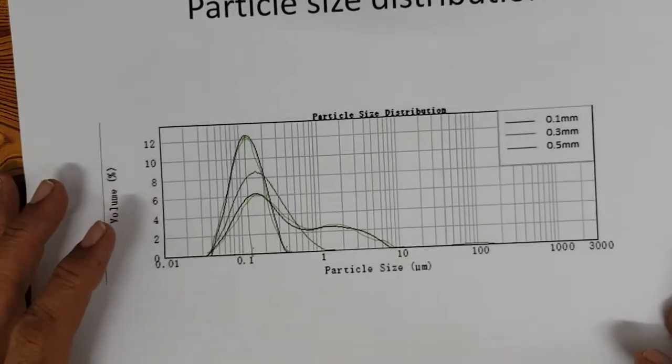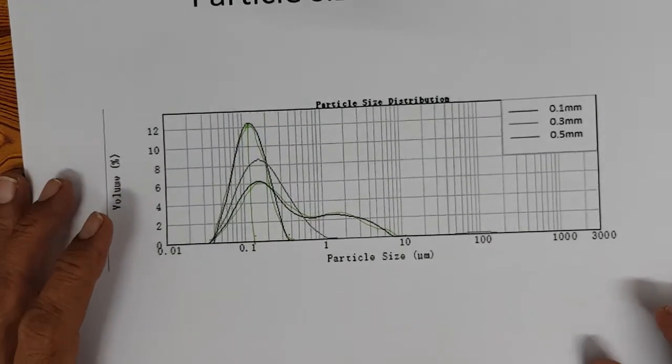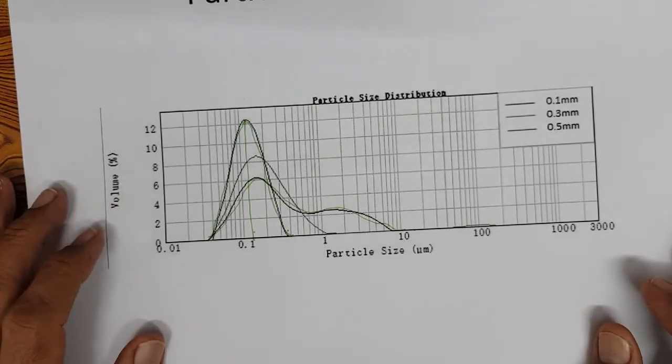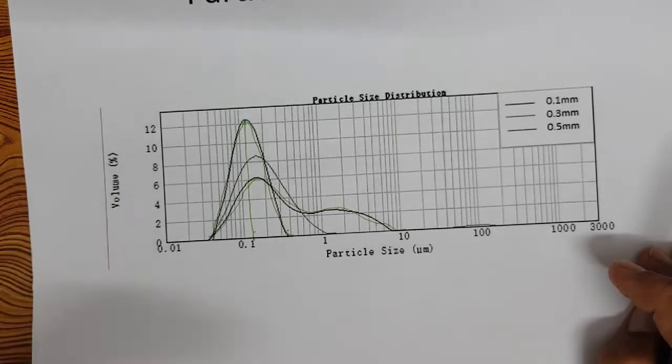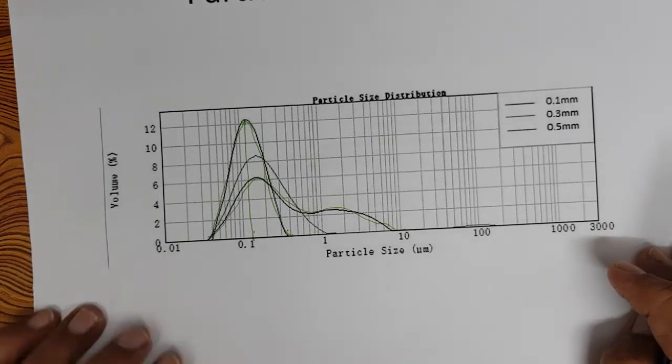Generally particle size is shown as a particle size distribution, right? Because in a system all particles can't be of the same size. So basically it shows the distribution of particles in a certain range, in a certain volume.